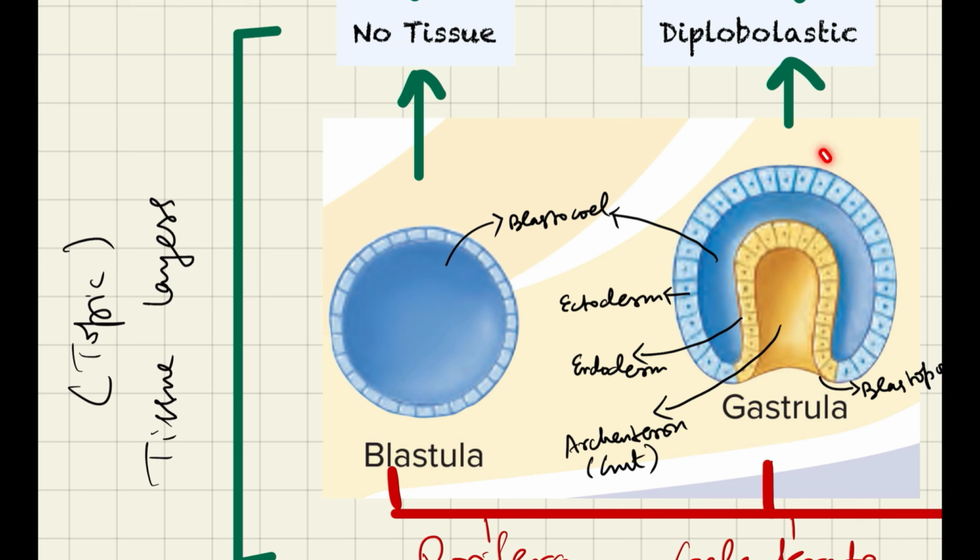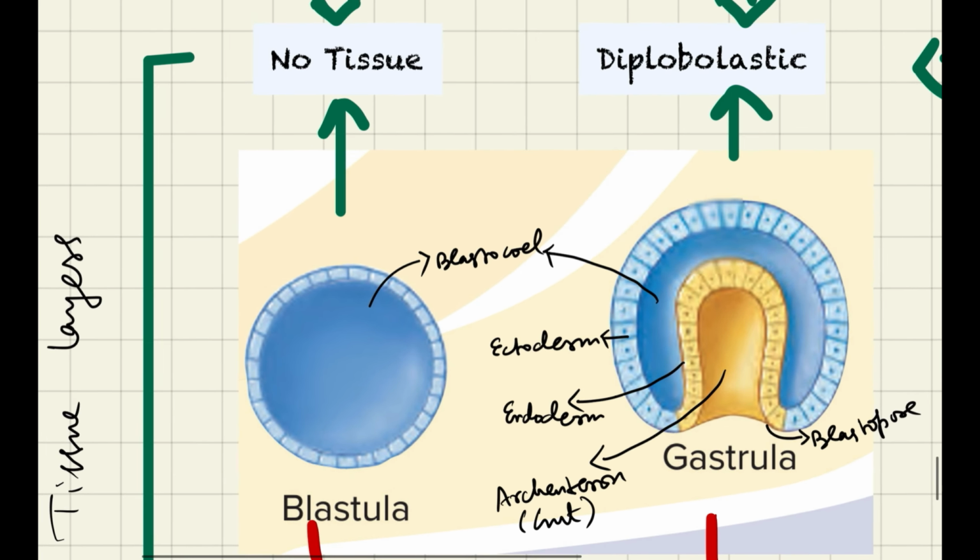It will be easy to remember and it will be a broader understanding. That's why this embryological thing is important here. So no gastrula is found in porifera, only blastula. This is blastocoel, and that's why only cellular grade of organization is there.